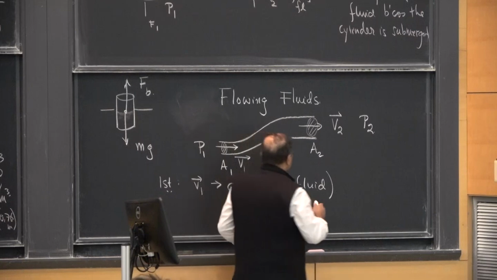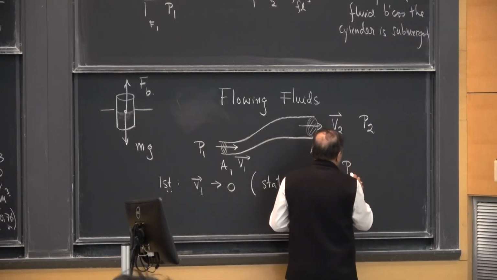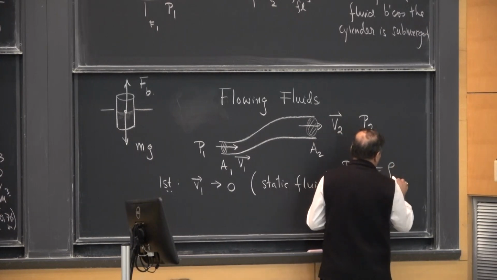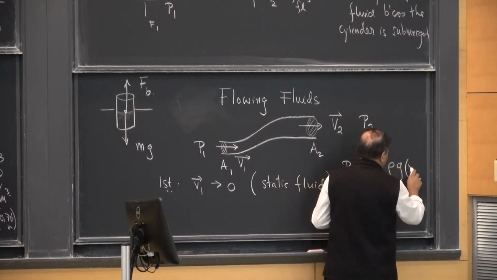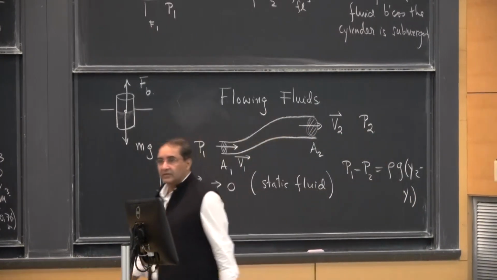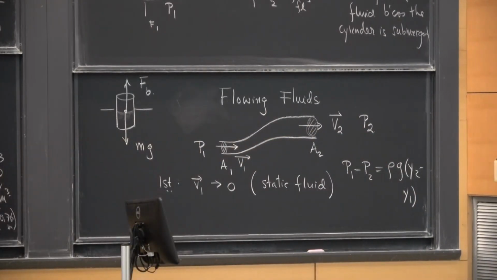And for this static fluid, from Pascal's principle, I already know that P1 minus P2 is rho g times y2 minus y1. That's what we've been doing all day today, trying to understand Pascal's principle, which, by the way, as I said, is only applicable for static fluids.